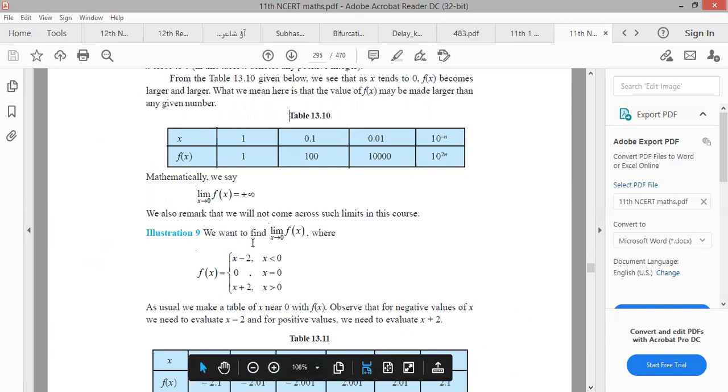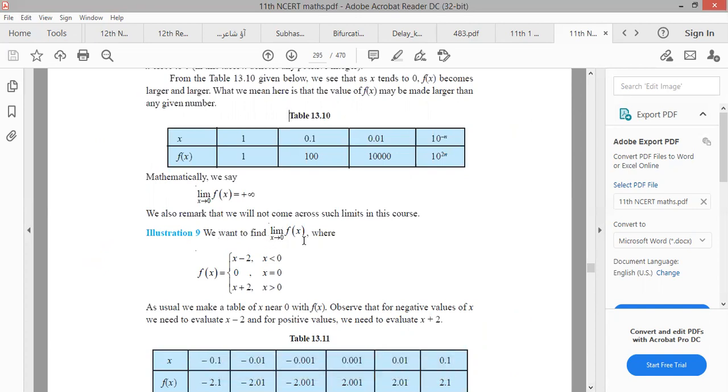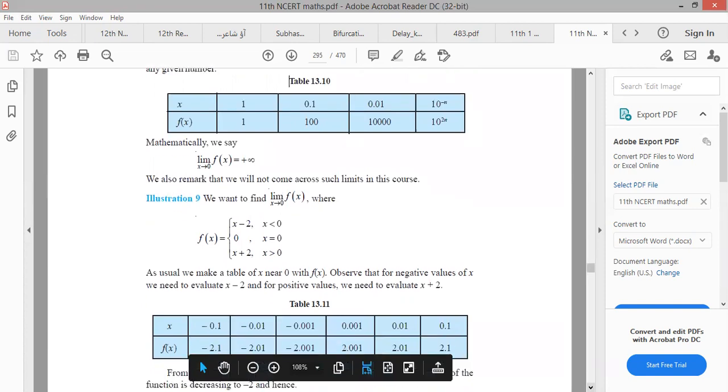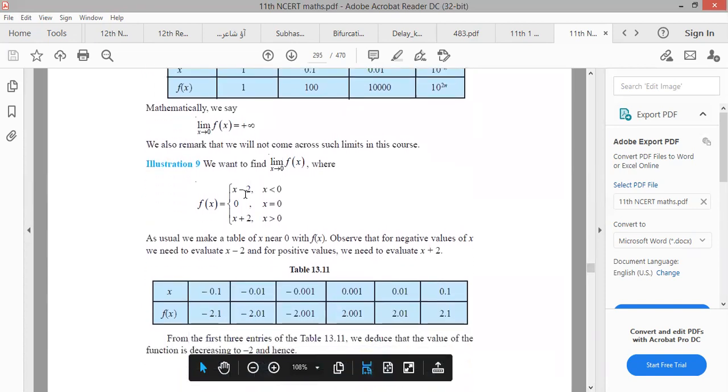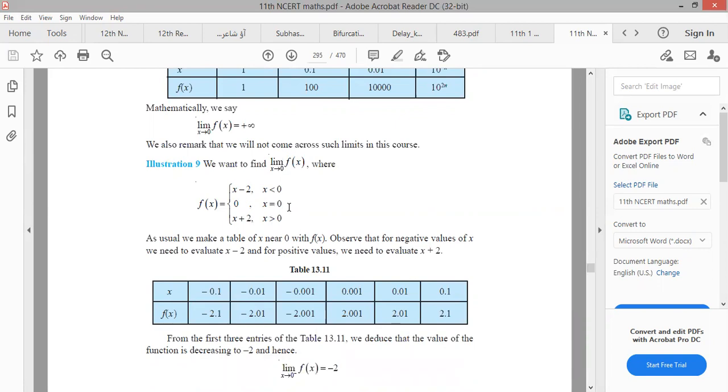We want to find the limit as x tends to 0 of f of x, where f of x is equal to x minus 2 for x less than 0, 0 for x equal to 0, and x plus 2 for x greater than 0. So for the left of 0, it is defined as x minus 2. For the right of 0, it is defined as x plus 2. And at x is equal to 0, f of x is equal to 0.